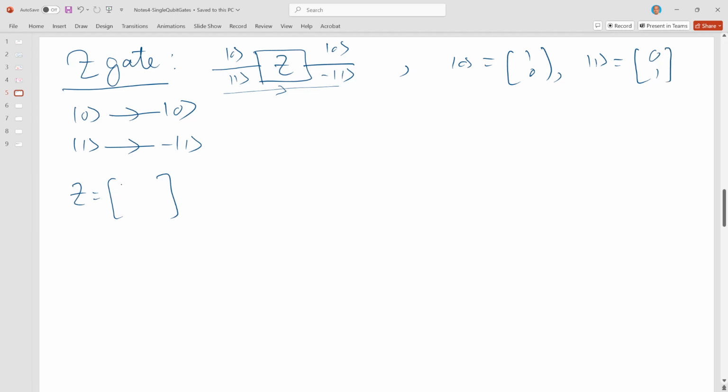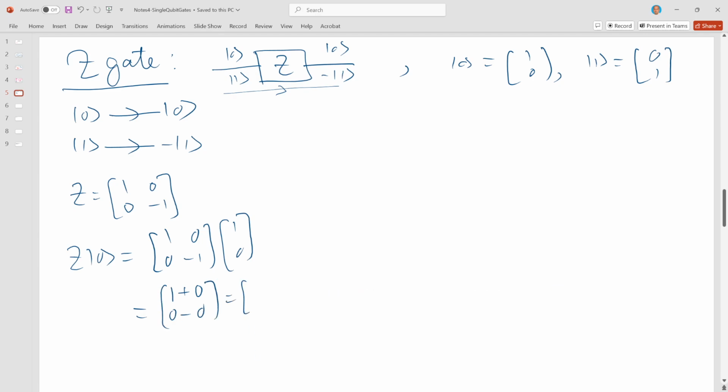And we can easily verify that this matrix does the job. Let me apply this Z to state 0. So (1 0; 0 -1) times (1, 0). 1 into 1 plus 0 into 0 is 1. 0 into 1 plus, this is 1 plus 0, so this is 0 minus 0, which is 0. The result is (1, 0).